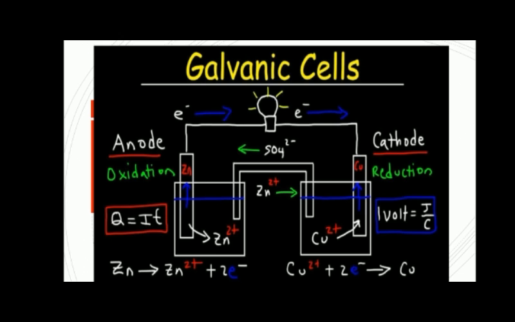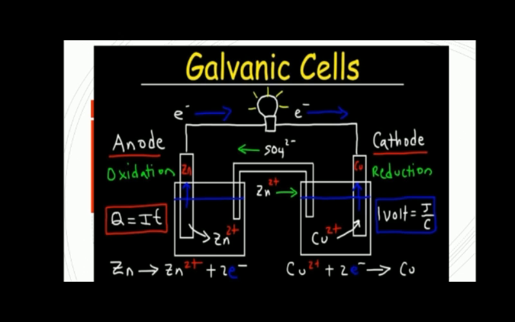So this side is known as the anodic half, where oxidation takes place. To the right hand side you can see cupric ion gaining 2 electrons and converting into copper solid. Gain of electrons is called reduction. It means this half cell is the cathodic half cell.